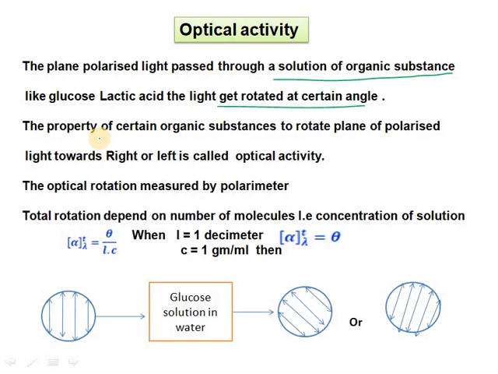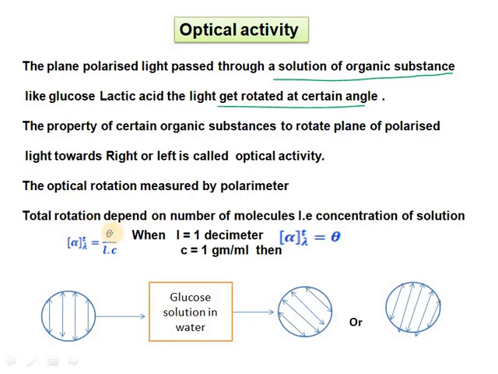This property of rotating the plane of polarization, which we can measure for various organic substances, is called optical activity. If the light rotates to the right side, the substance is called dextrorotatory, and if it rotates to the left side, it is called levorotatory.